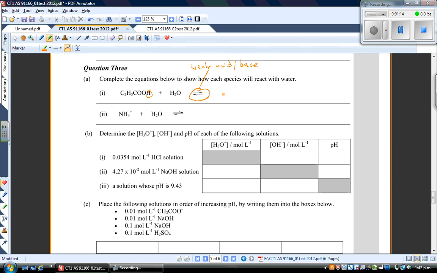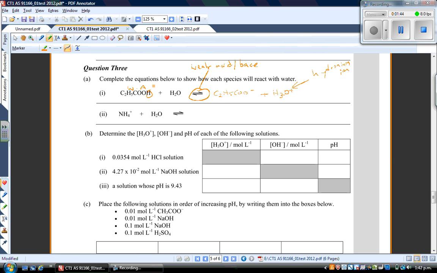So the products of this reaction are going to be ethanoate, C2H5COO minus, plus water, as it gains that proton, becomes H3O plus, which is known as the hydronium ion. Okay, so you have your products for the dissociation of that weak acid. So this is a weak acid with water.